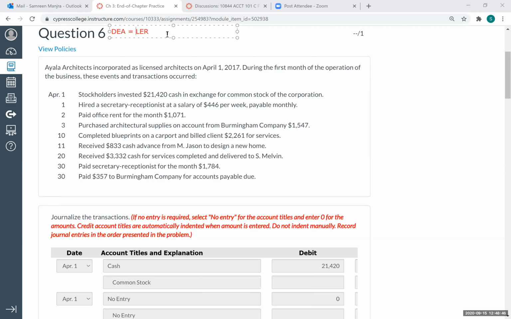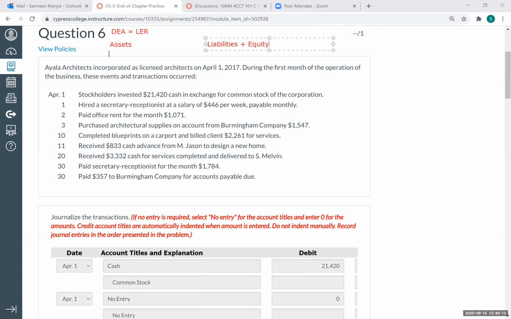And what this means is we think about our basic accounting equation and ways that we can remember these rules. In our basic accounting equation, our assets equal our liabilities plus equity. Our assets are on one side of the equation and our liabilities and equity are on the other side.